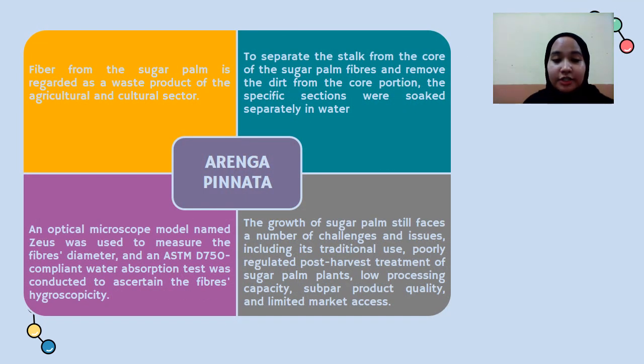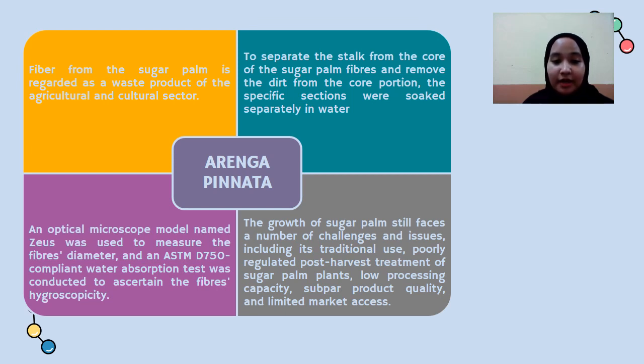Next, I will continue with natural fiber, which is Arenga pinnata. It is from the sugar palm, and is regarded as a waste product of the agricultural and cultural sector. Arenga pinnata will have a separation of the stalk from the core of the sugar palm fibers and remove the dirt from the core portion. The specific sections were soaked separately in water.